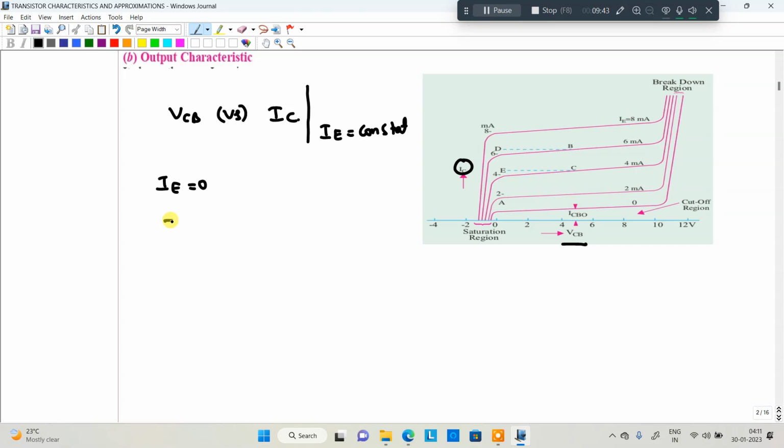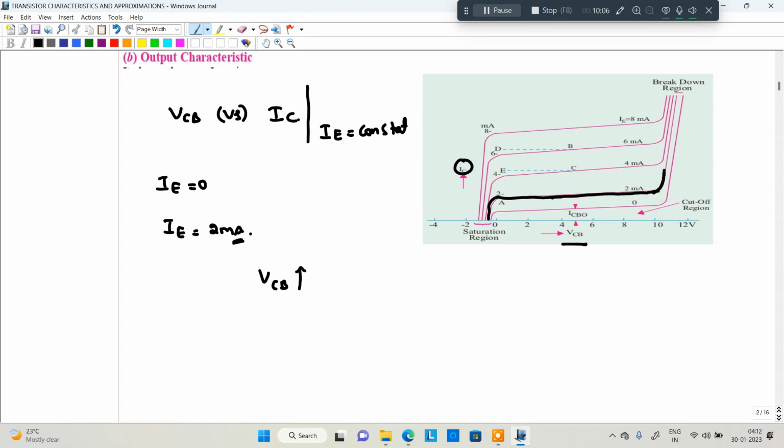Now the second case. I want to maintain IE equal to 2 milliamperes. I vary the input voltage and make IE equal to 2 milliamperes, a constant now. I keep on increasing VCB step by step. What will happen? Again, it maintains some constant current, i.e., the collector current is also constant.